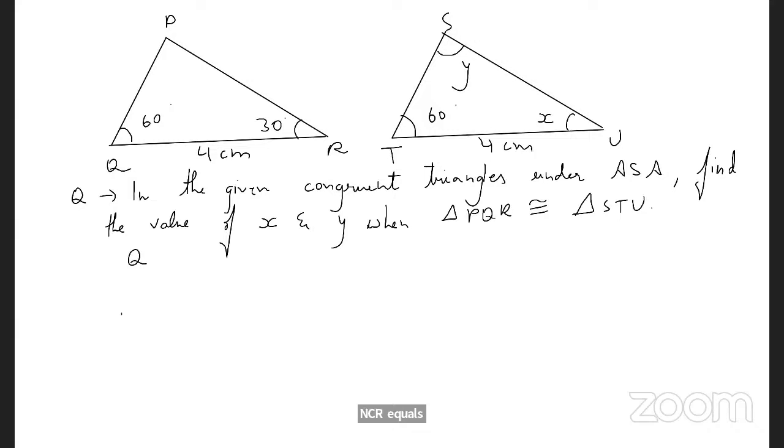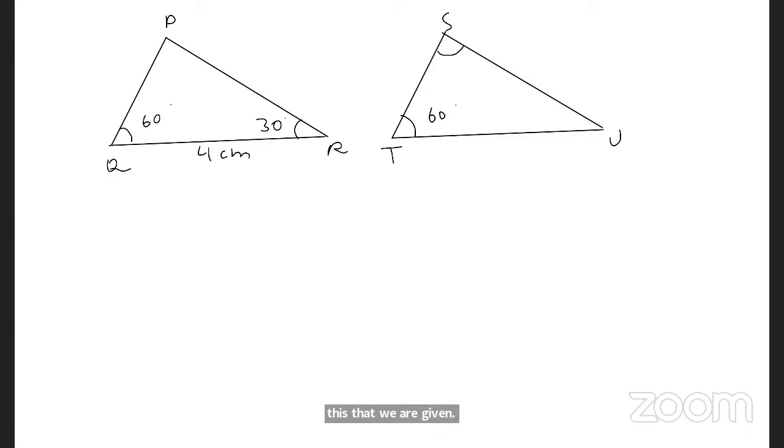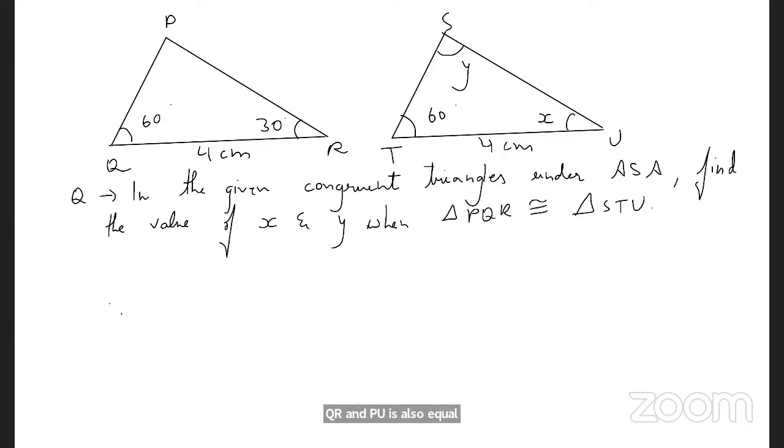QR and TU are also equal. Since angle R is 30 degree, angle U, which is X, will also be 30 degree by ASA rule.